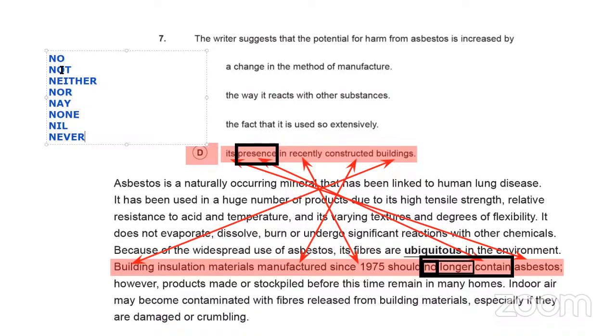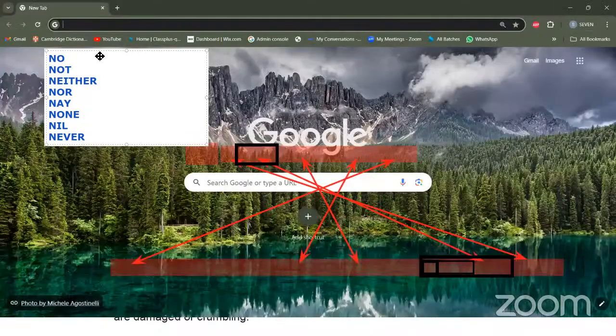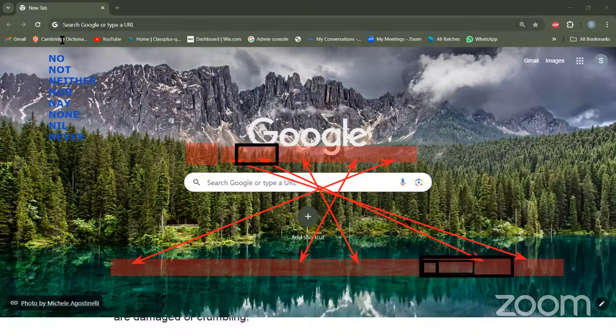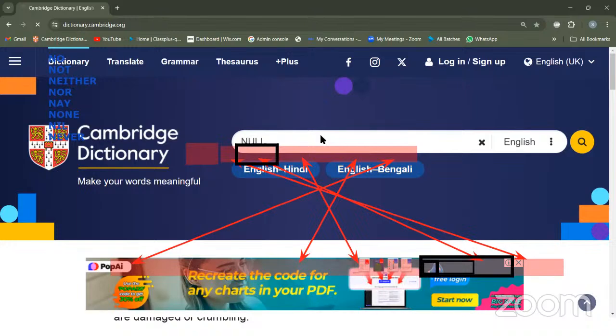I don't exactly recall. Null, N-U-L-L. Just let me check it out. What does the Cambridge Dictionary say about the word null?